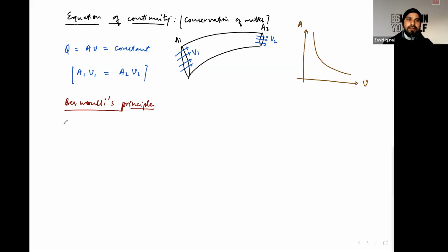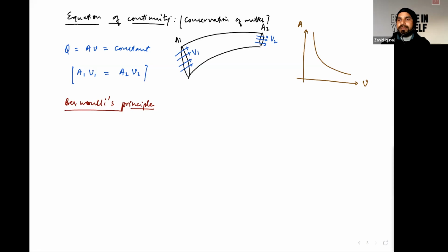Good. So we can say for the flow of liquid in a tube whose ends are at different heights, the sum of pressure, kinetic energy per unit volume, and potential energy per unit volume at any instant for the flow of a non-viscous incompressible liquid is constant.